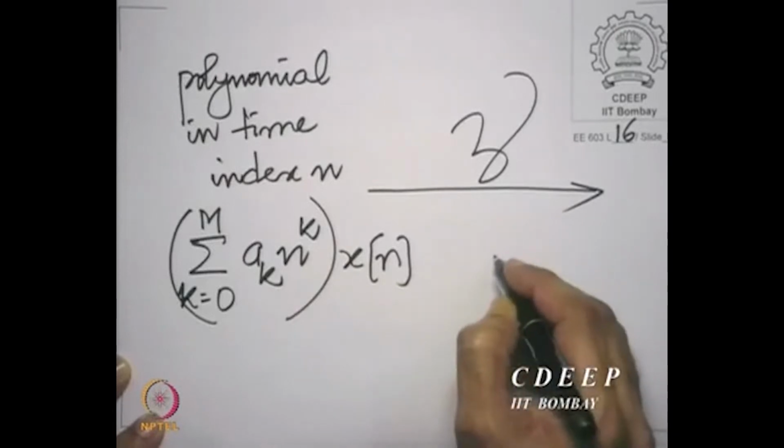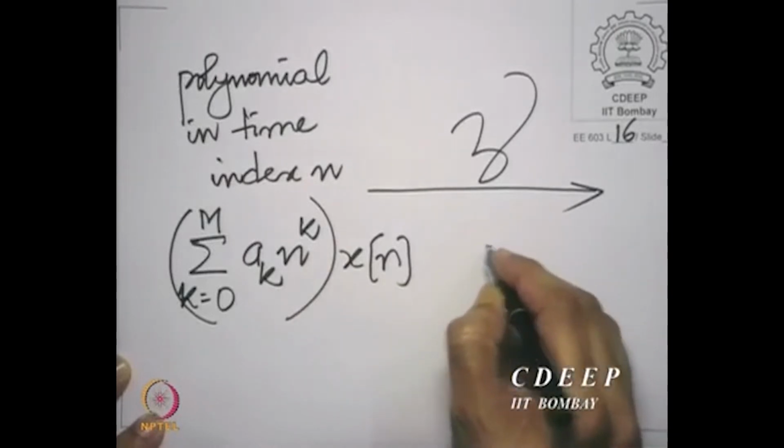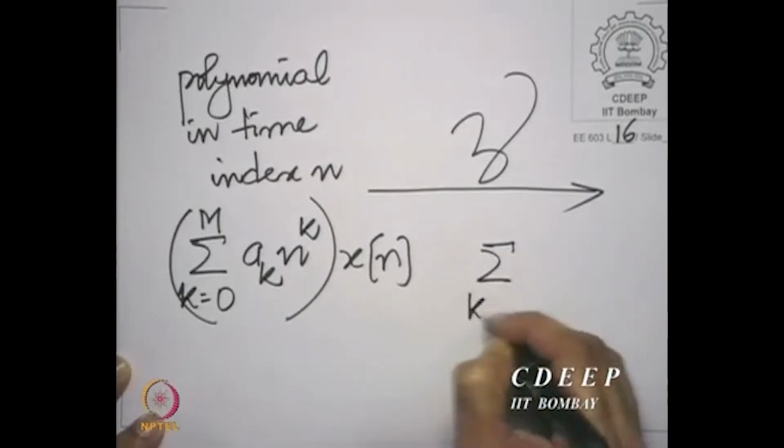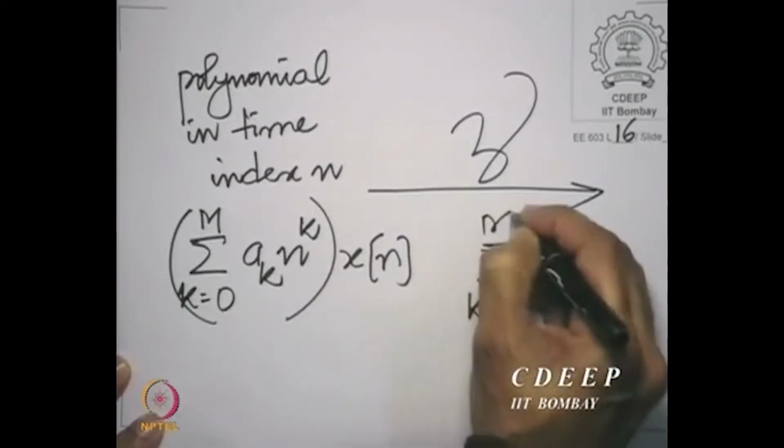So this corresponds to summation k going from 0 to m.